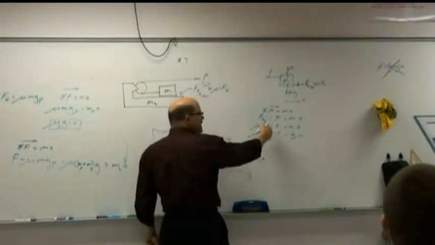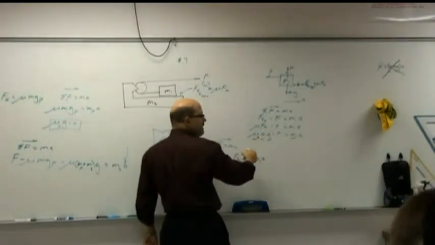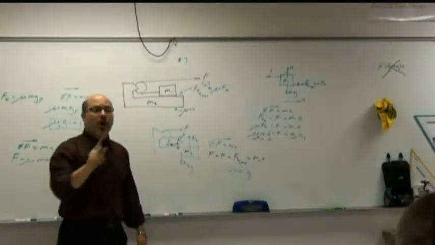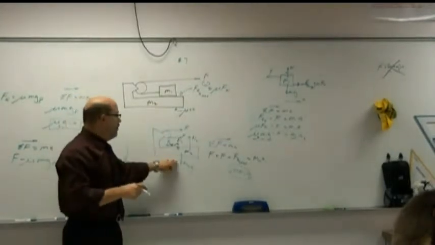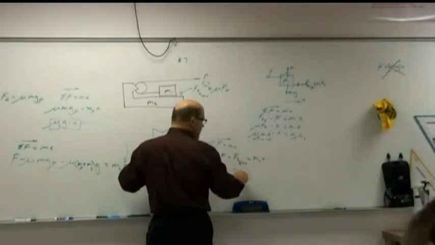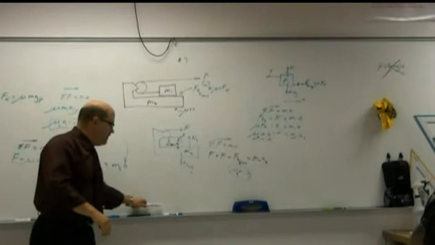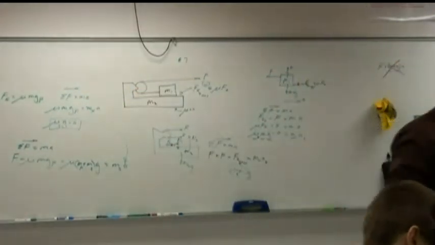This becomes kinetic friction, so you put in the kinetic friction number here, and this acceleration would be the acceleration of mass 1 only. And over here, this would be kinetic friction again, and this would be the acceleration of mass 2 only. They will have different accelerations if it was a slippage problem, if they were sliding past each other.